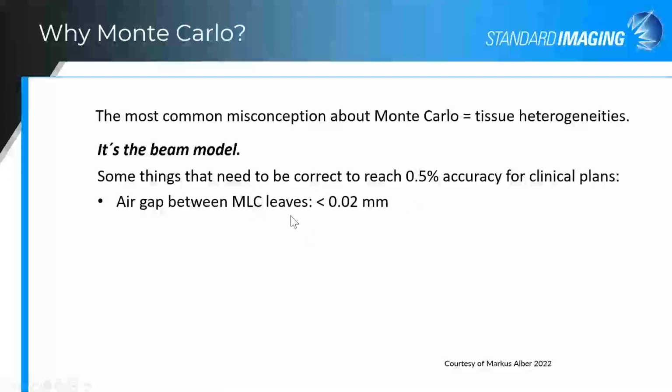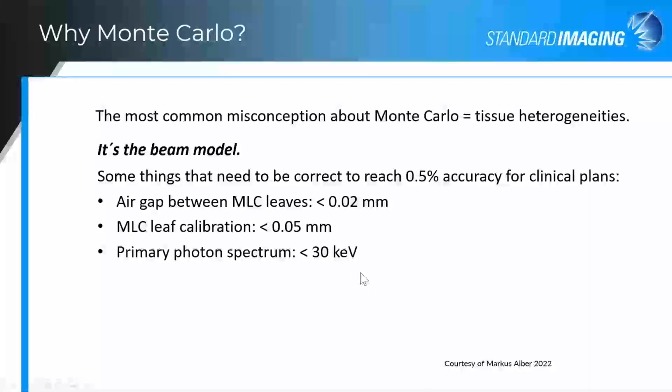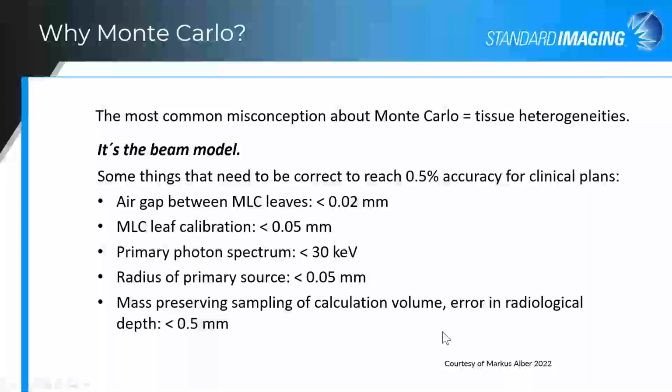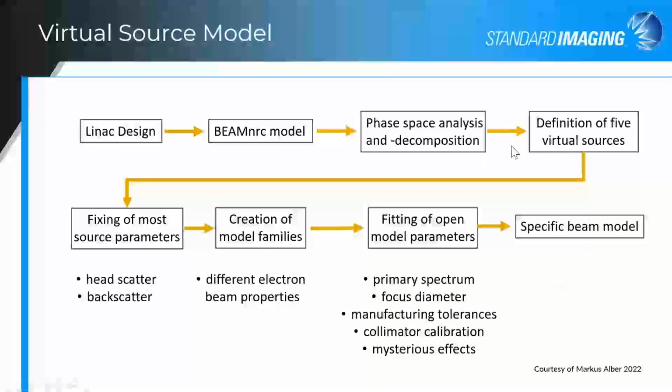Things such as the air gap between MLC leaves, those have a very tight tolerance, MLC leaf calibration, the primary photon spectra, radius of primary source, etc.